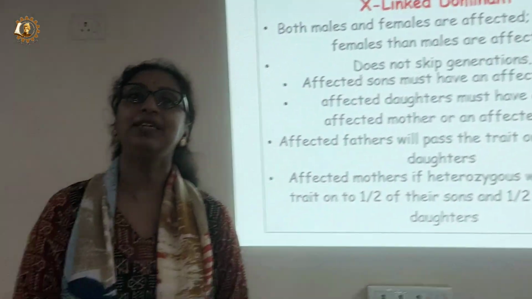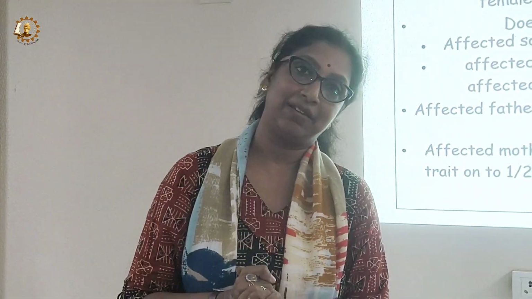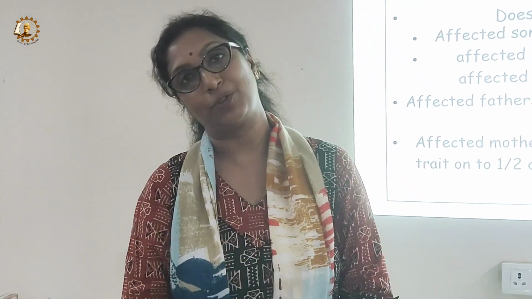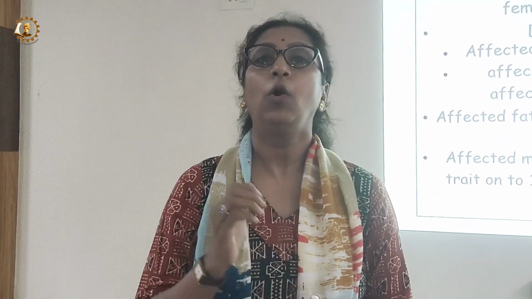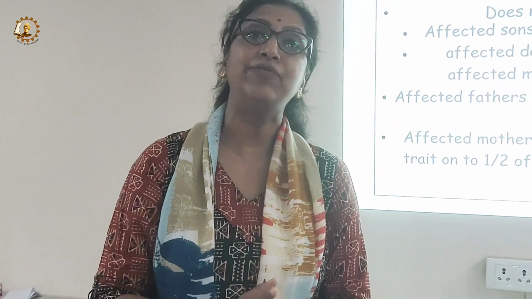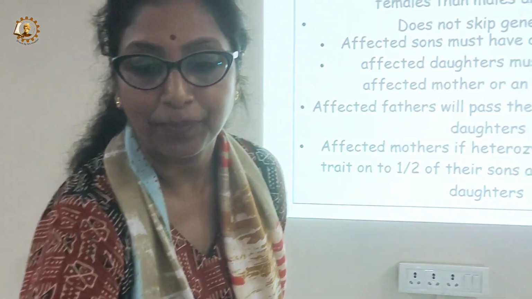So mother is basically playing the main part in the X-linked inheritance because mother is having 2 X chromosomes. So both the offspring, whether they are male or female, will receive at least 1 X from their mother.